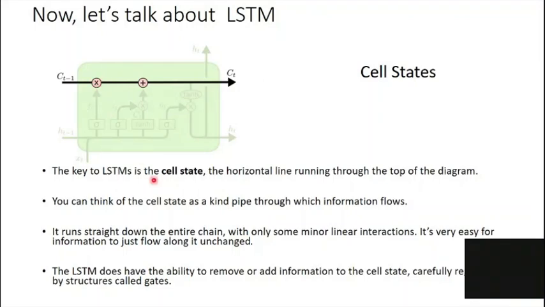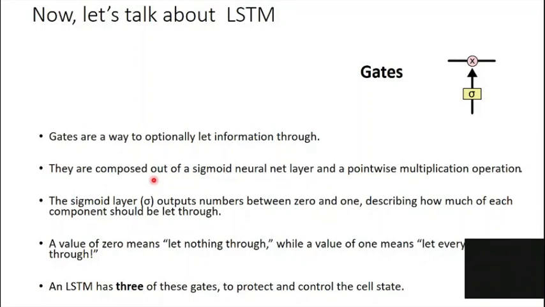So you can see that the gates, the cross signs that you see, are the gates, and the gates are typically the ones which will control the changes in the memory vectors or output vectors.